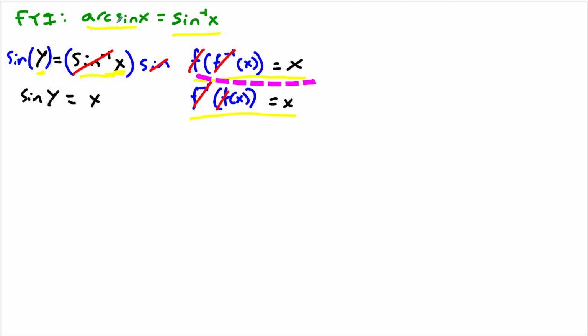So, I want to find dy dx, right? dy dx is the derivative. In order to do that, I'm just going to do some implicit differentiation. I'm going to take the derivative with respect to x of both sides. So if we do this here, I'm going to get cosine of y times dy dx. Remember, chain rule, right? Derivative of sine is cosine.